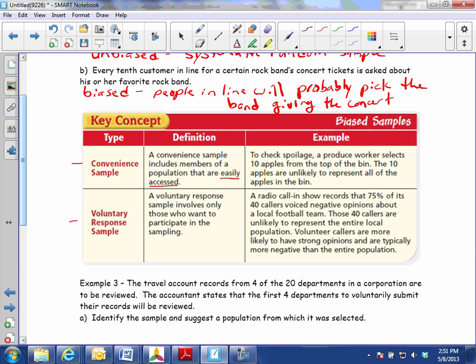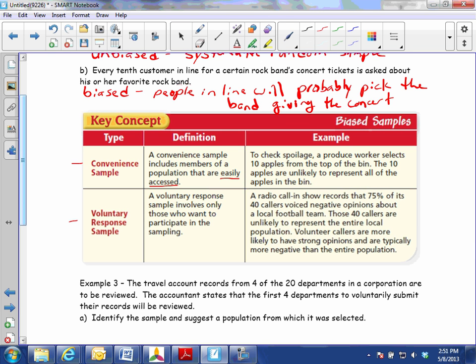Or if you were wondering about living situations in a certain area, just going to the elderly people because they are easy to access. That would be a convenient sample because it's whatever's closest or easiest for you, but not necessarily representative of the whole population.